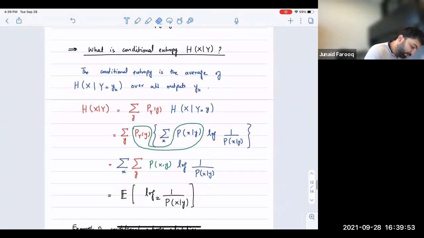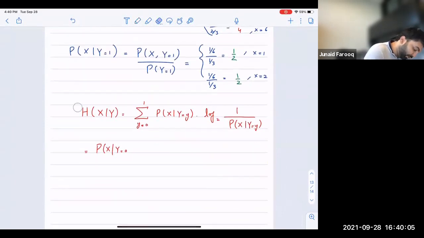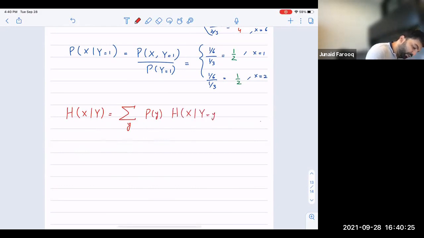I think the better way is to use this formulation here, because otherwise it's going to be a little messy. You can always do it. Just say that h of x given y is actually probability of y times h of x given y equals small y.